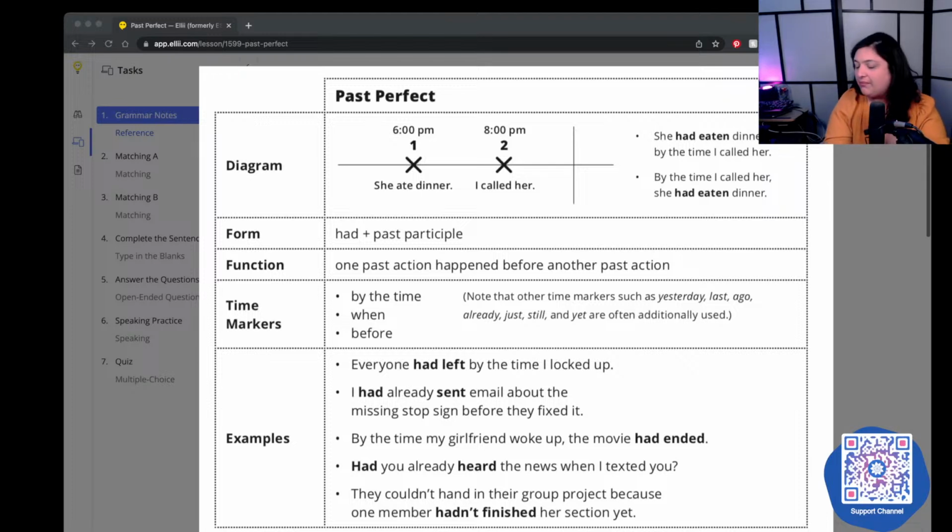Now, these time markers can include by the time, when, and before.